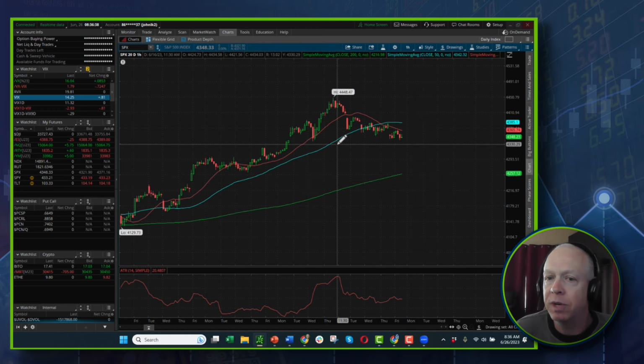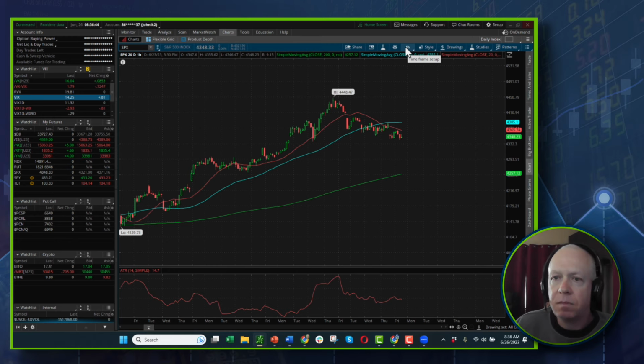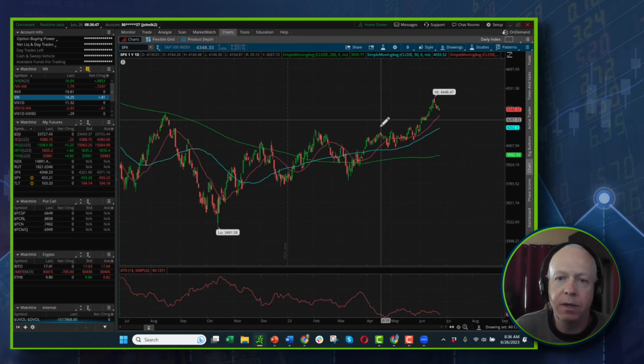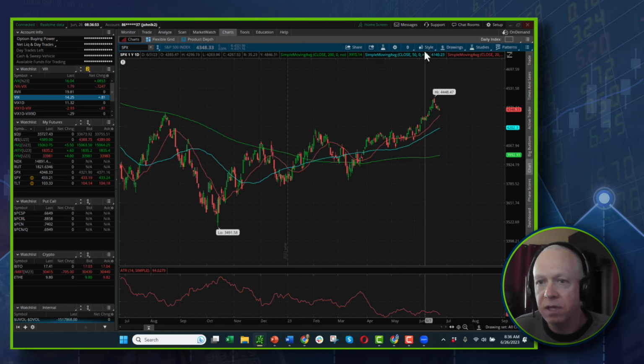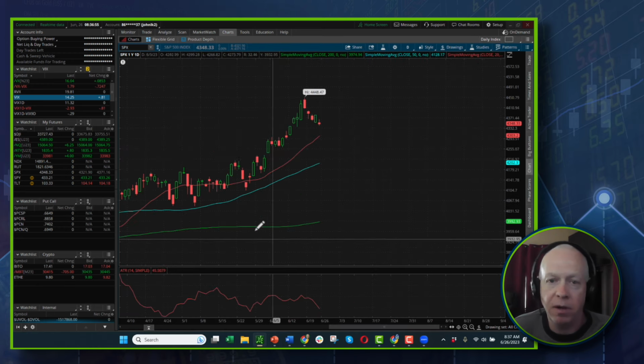Okay, so we can flip into an hourly chart. I'm going to talk about that in a couple of contexts. What I'm going to do here is talk about this first in the context that this is an inverted cup and handle pattern.